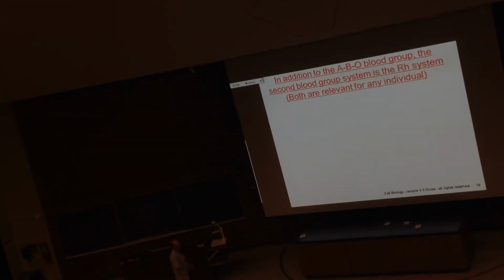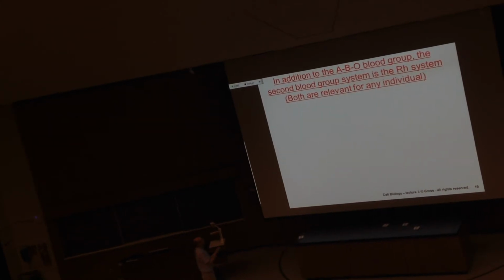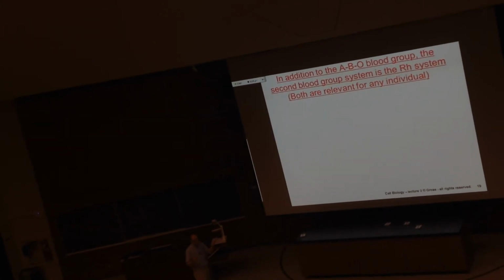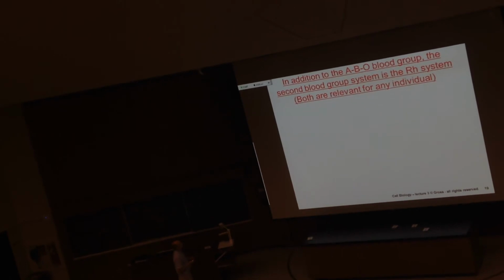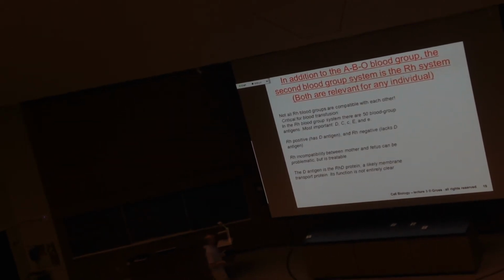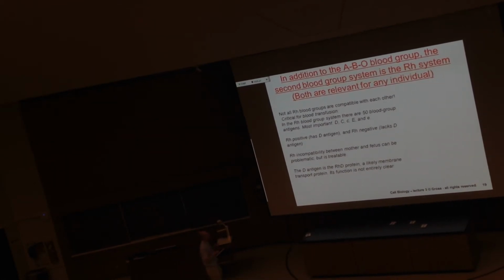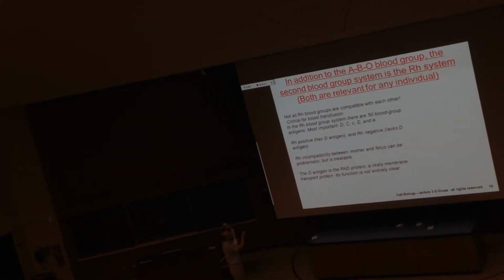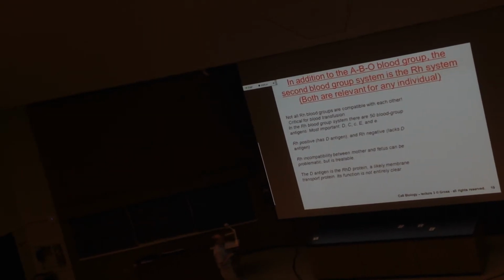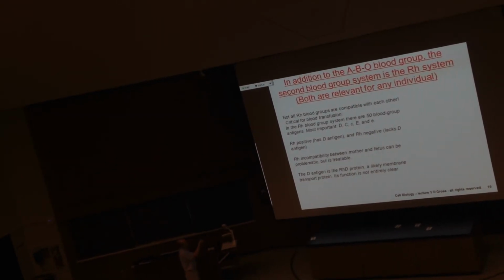Okay. In addition to the ABO blood system, there's the Rh system, so they're both relevant. They're looking at different proteins, and we're not going to go into it except that typically you'll see something like A positive or A negative or B positive or B negative, and that positive or negative typically refers to whether you have or don't have the D antigen in the Rh system.